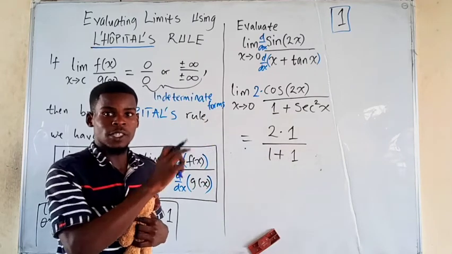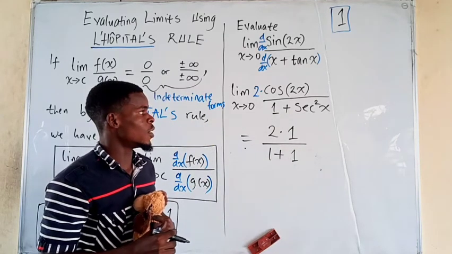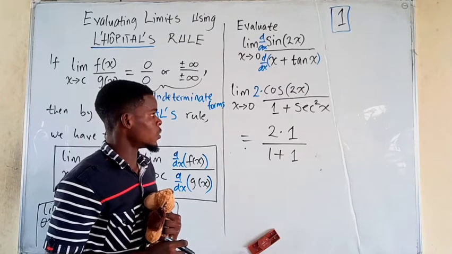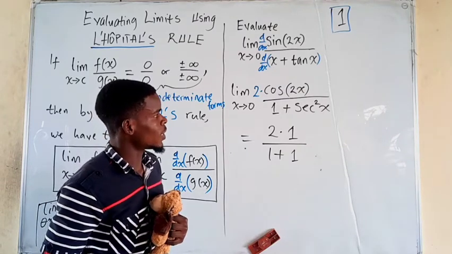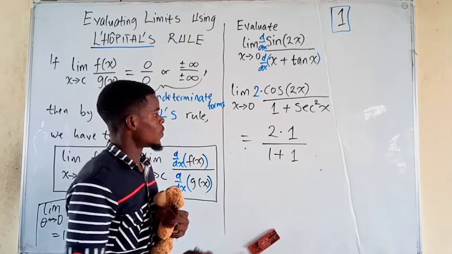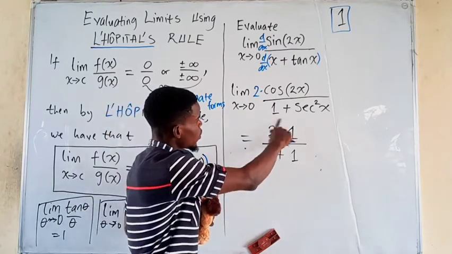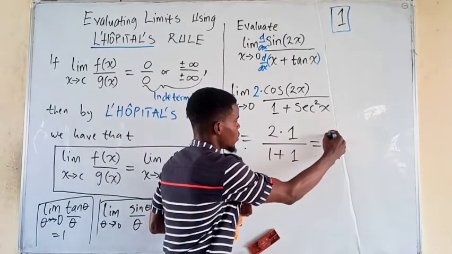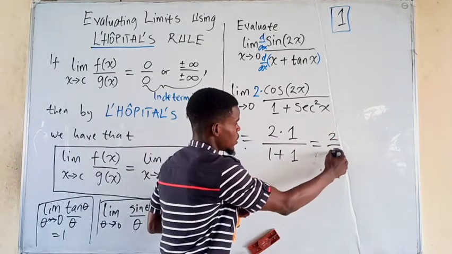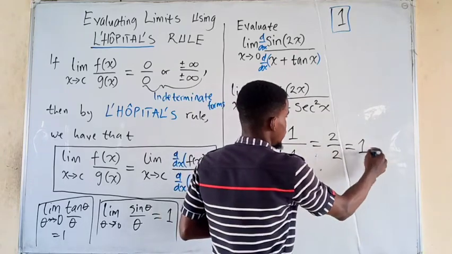We are doing that by substitution because that function is defined for all real numbers. So what we have here is 2 times 1 is just 2, divided by 1 plus 1, which is 2 again, and what we end with is 1.